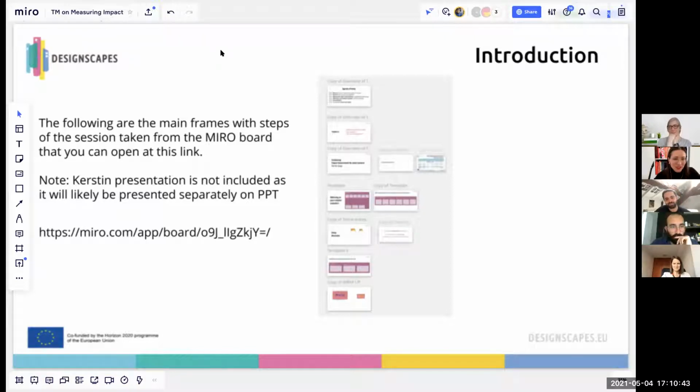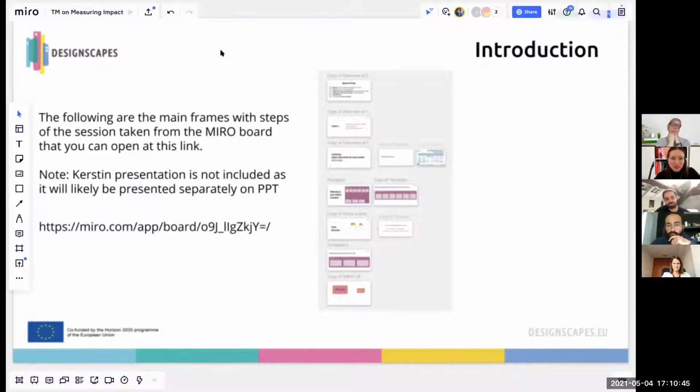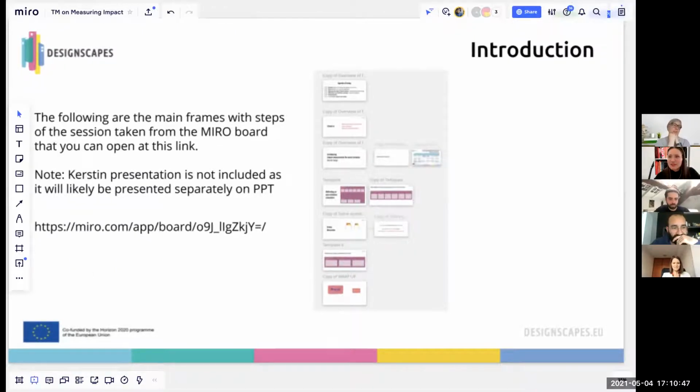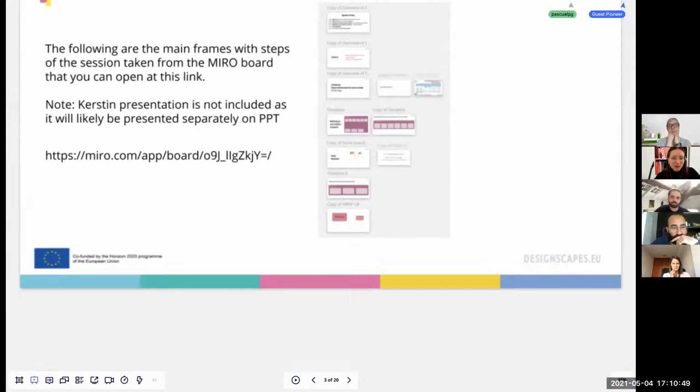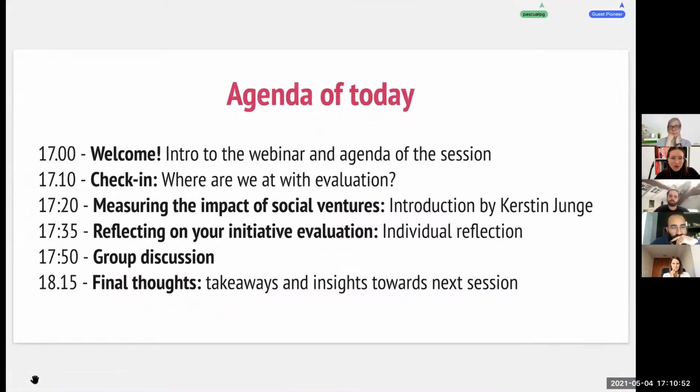Okay, so that said, we can jump into the agenda for today. I'll go really quickly because our first step was to start with a check-in moment and hear from everybody how it is going in terms of evaluation in your projects, because that's the topic for today. We wanted to align and see what evaluation means at this stage for each of you, and if you've done a bit of it or not.